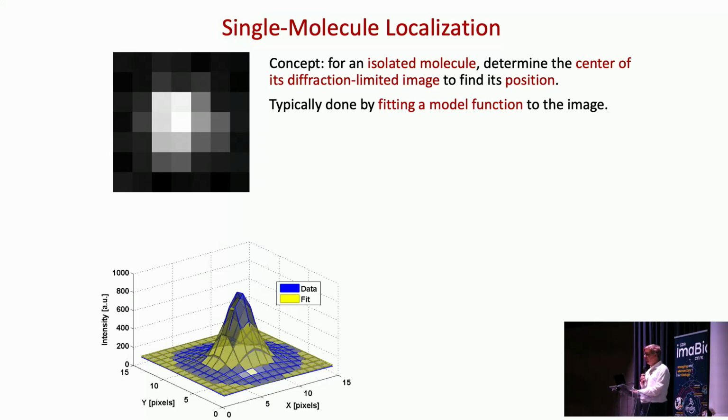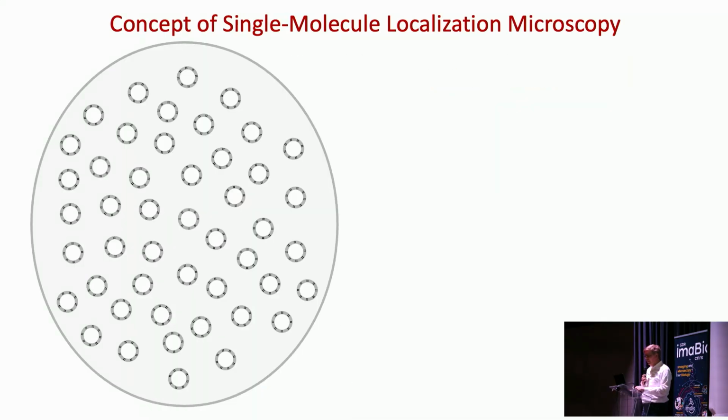So how do we now get a super resolution image out of that? Let me illustrate this with a simple simulation or example here. Let's say we want to image nuclear pore complexes and have labeled nuclear porins in the nuclear pore complexes on the nuclear envelope.